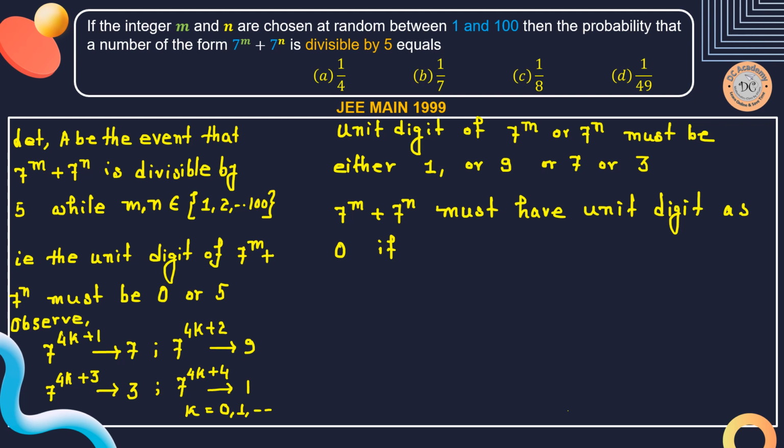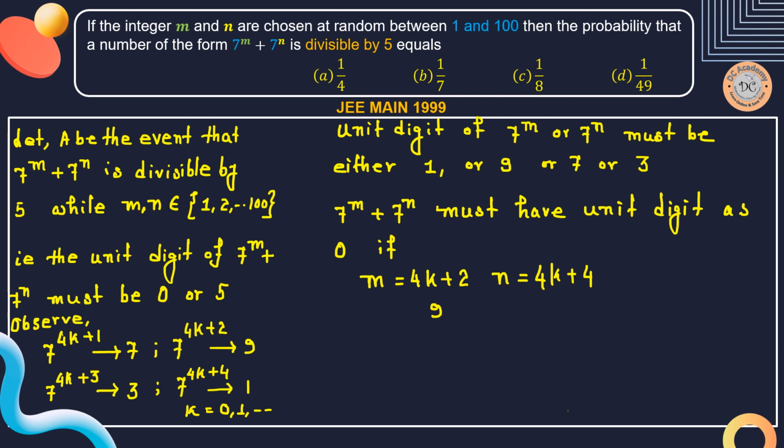What is the first case? If m is equal to 4k plus 2, n is equal to obviously 4k plus 4. Now, why do I say that? Because when m is equal to 4k plus 2, what is the unit digit? That's 9.